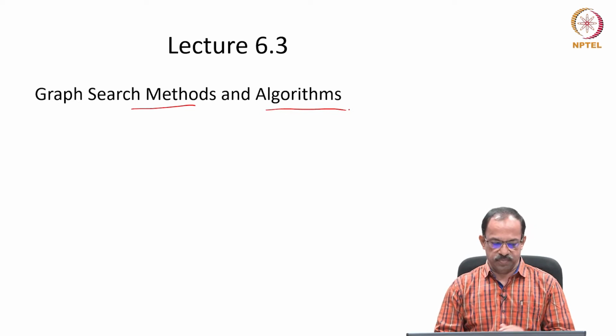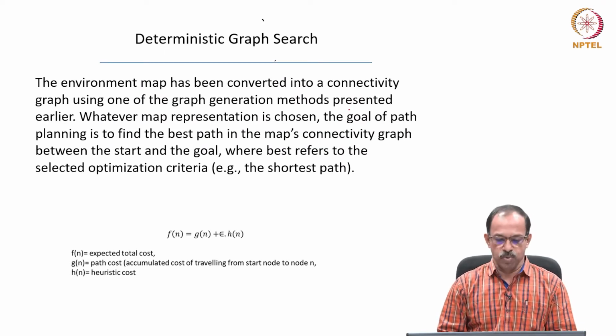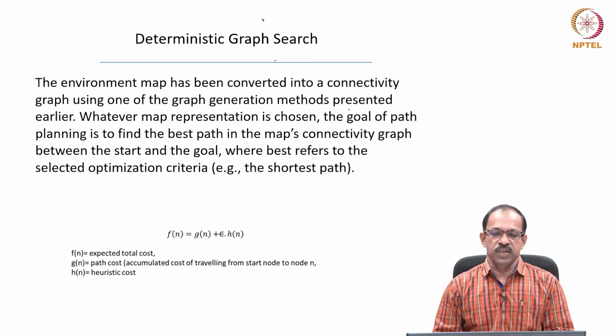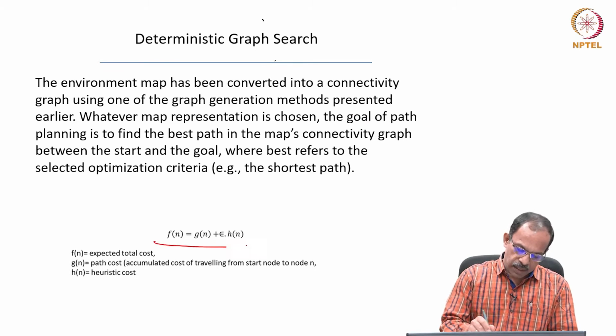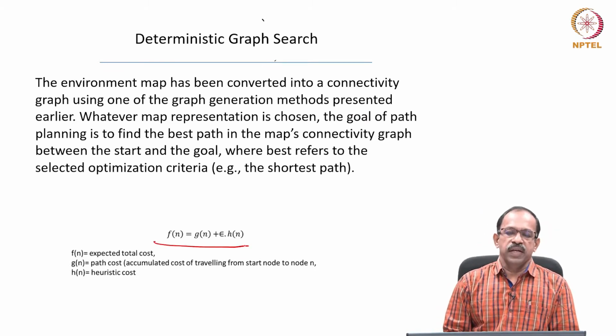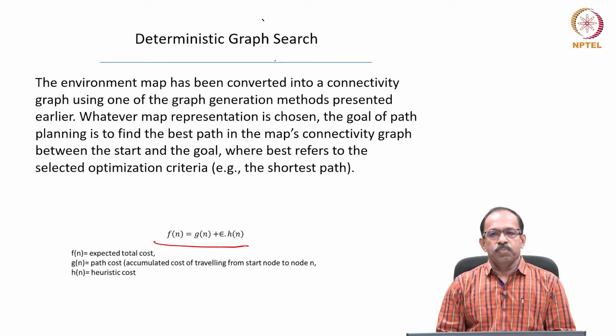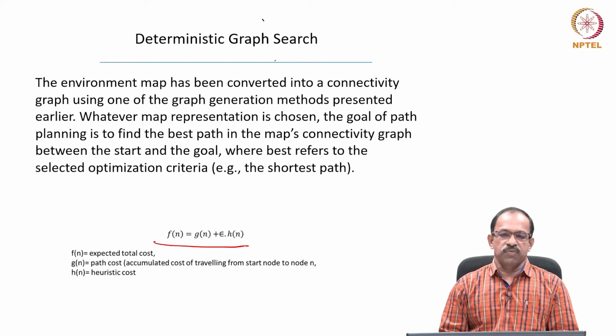We will go through some of the commonly used algorithms, but there are many more in the literature. In the last class I mentioned the deterministic graph search methods, where we use a cost function or an expected total cost, and then find the paths where the cost is minimal.